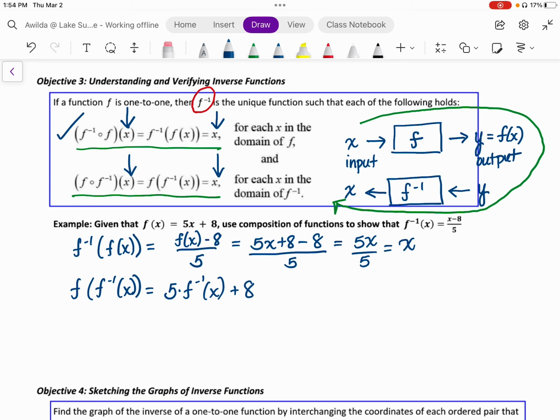Well, the rule for f inverse is (x minus 8) divided by 5. Here, we can divide 5 by 5 and get 1, so we get x minus 8 and then plus 8. So again, we get back to x. So we see here that the second requirement is also met.